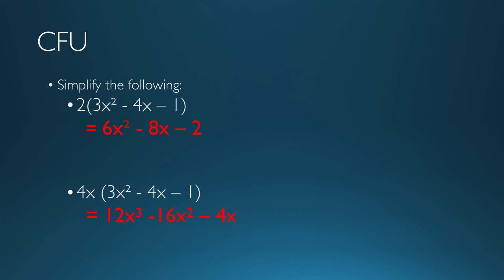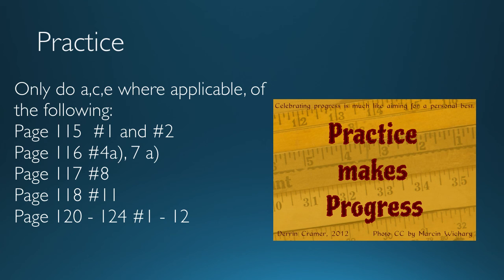Okay, did you get this answer? 12x to the power of 3 minus 16x squared minus 4x. Well done. So all that's left to do now is practice, practice, practice.